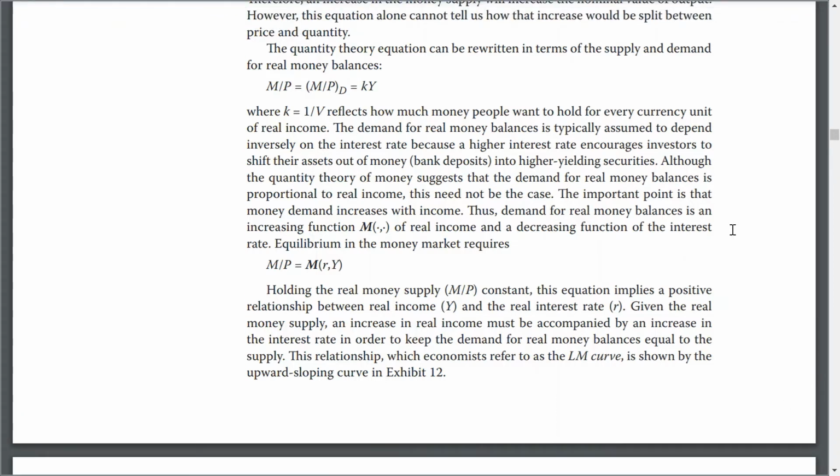The important point is that money demand increases with income. Thus, demand for real money balances is an increasing function of real income and a decreasing function of the interest rate. Equilibrium in the money market requires that demand equal supply.